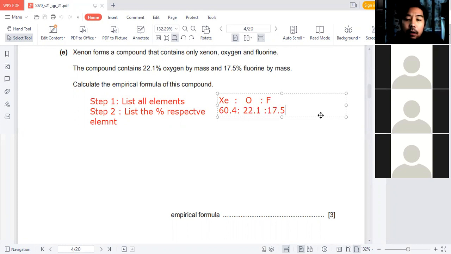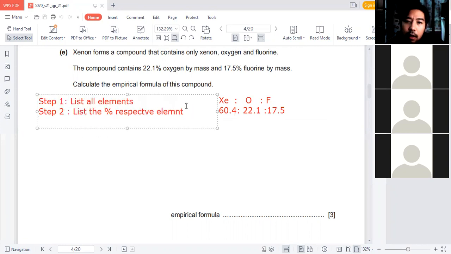Now we go to step number 3: find the mole of each.